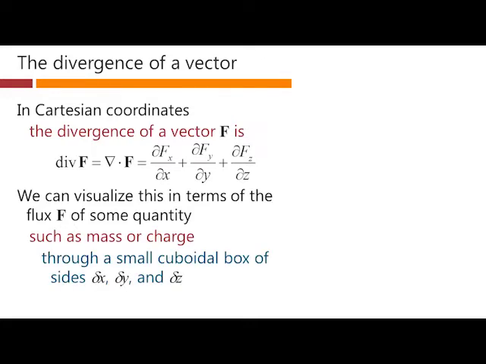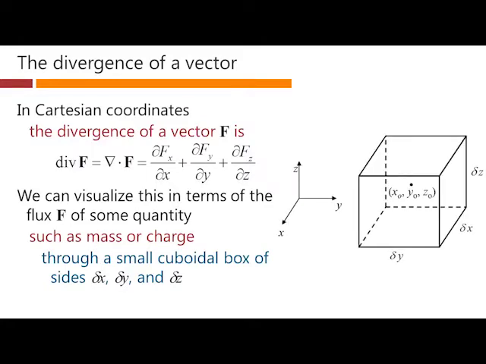So we could be thinking about the flow of some quantity like mass or charge through a small cuboidal box. Here's our small cuboidal box with dimensions delta x, delta y, and delta z, centered about some point x naught, y naught, z naught. Here are our x, y, and z axes.